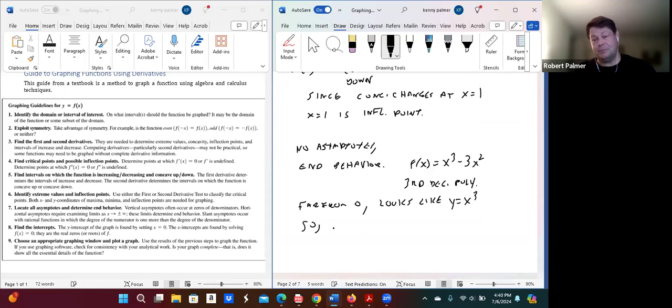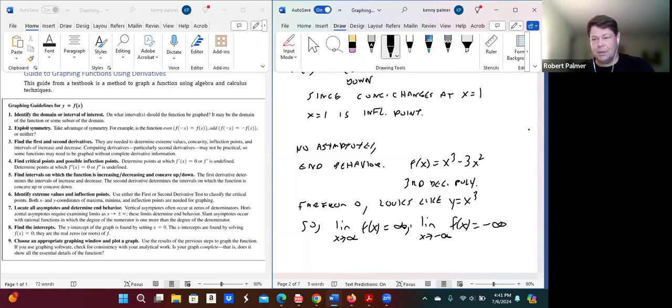So think about the limit. The limit as x goes to infinity of f of x is infinity. I said infinity, but wrote 0. And then if we go the other way, the limit as x goes to negative infinity of f of x is equal to negative infinity.